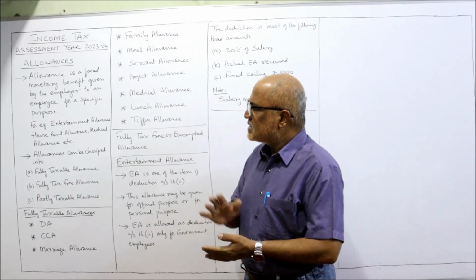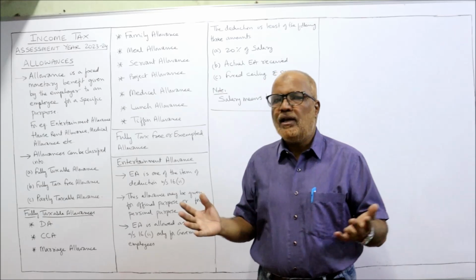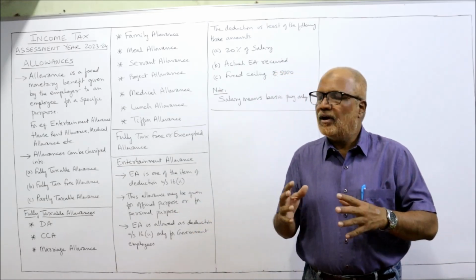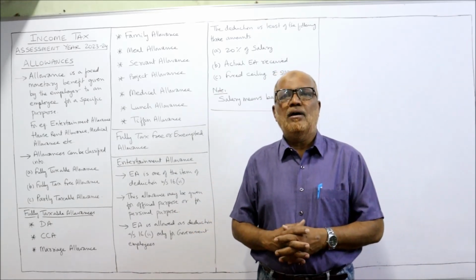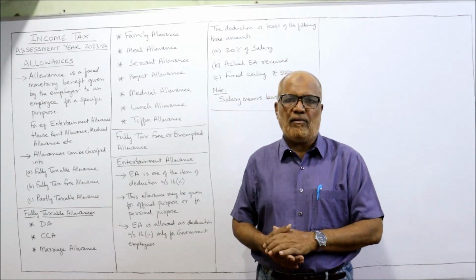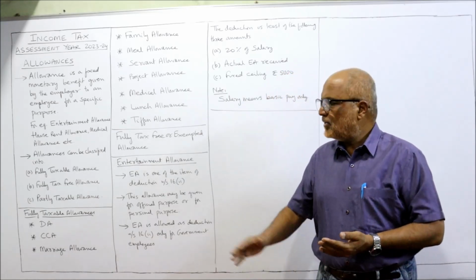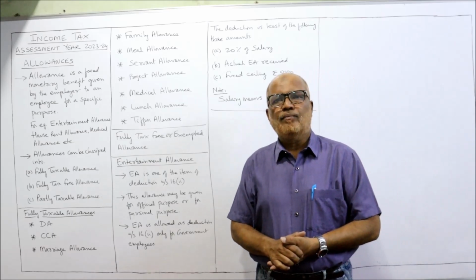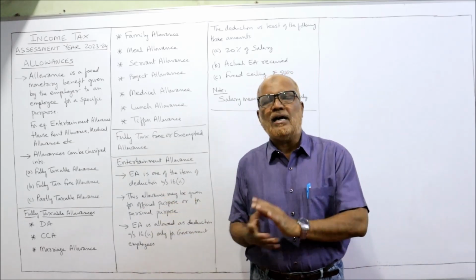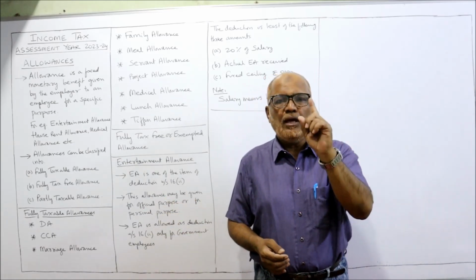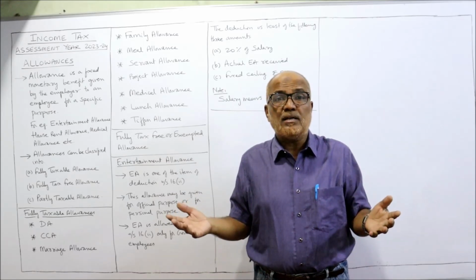Allowances can be classified into fully taxable allowance, fully tax-free allowance and partly taxable allowance. Three categories we have. First of all, fully taxable allowance. Whenever you find a fully taxable allowance in the problem, immediately you should think that it is fully taxable.